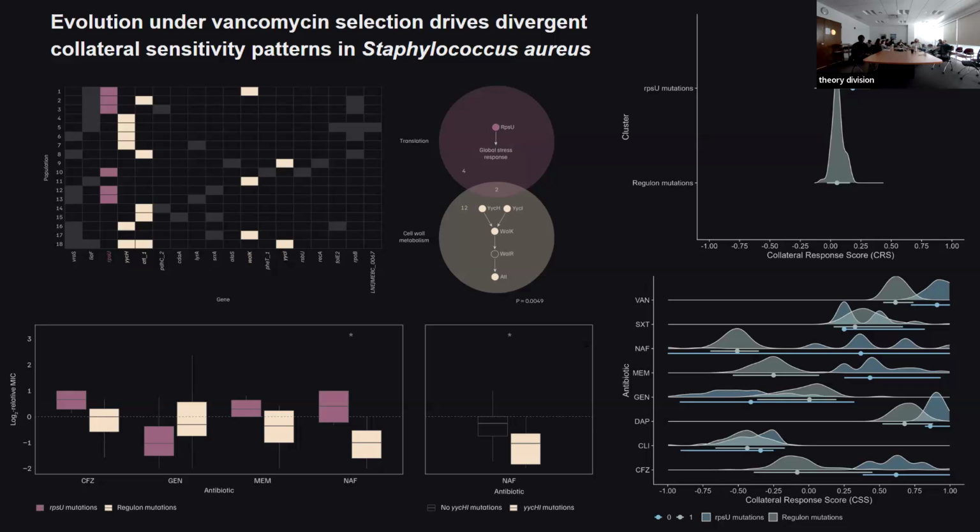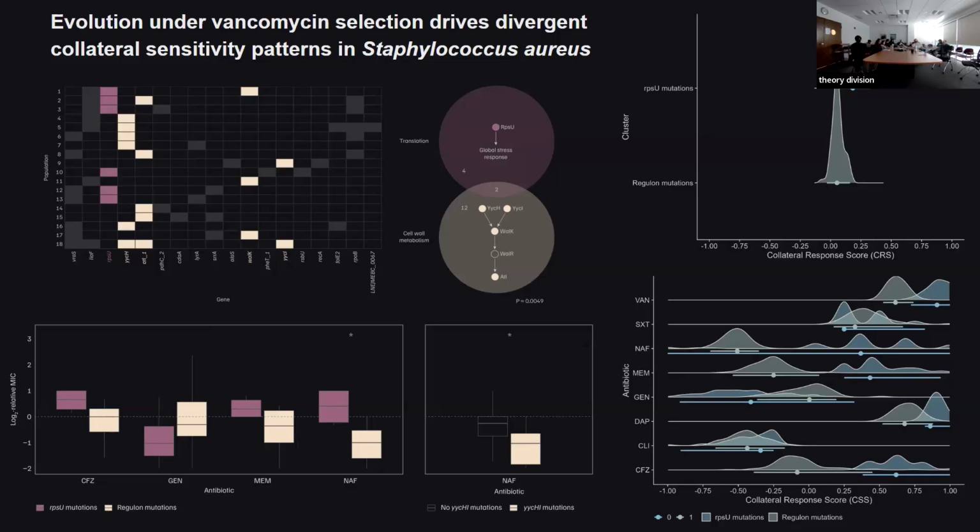As I'm showing here on the right-hand side of the slide, these are the bootstrap distributions of these collateral response scores by pathway. We see that populations that evolved RPS mutations tended to be collaterally resistant, irrespective of drug, relative to the wall-KR mutations.